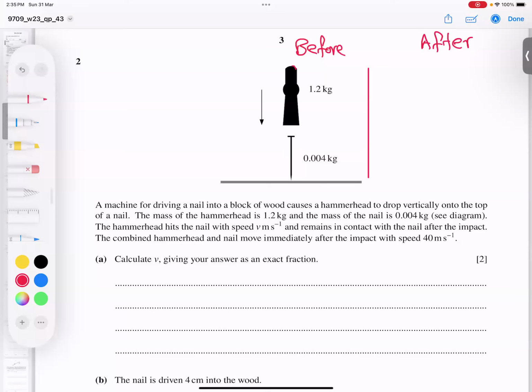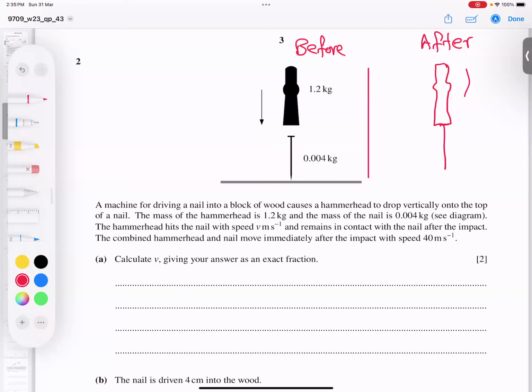So this is the hammerhead, you can see, and the nail is here. If I copy paste this whole thing, or simply drag it here, you can see what is going to happen. Naturally when it hits, they will behave like one particle.